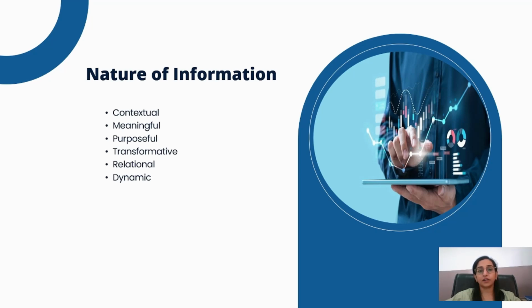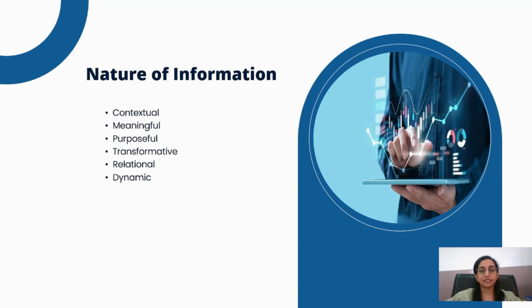Next, we have security and privacy. Given its value and power, information must be protected against unauthorized access and breaches. Information security measures are vital to safeguard sensitive data and maintain privacy standards. Next is leveraging technology.